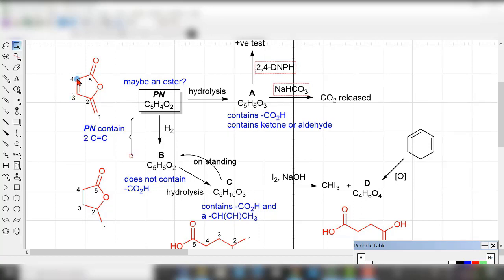Some of you might be thinking, can I have carbon double bond 4, 3 and then 2, 1? Again, it's the same thing. If you try to have a C=C double bond 4, 3 and 2, you'll notice that your carbon number 3 is necessarily an sp hybridized carbon.